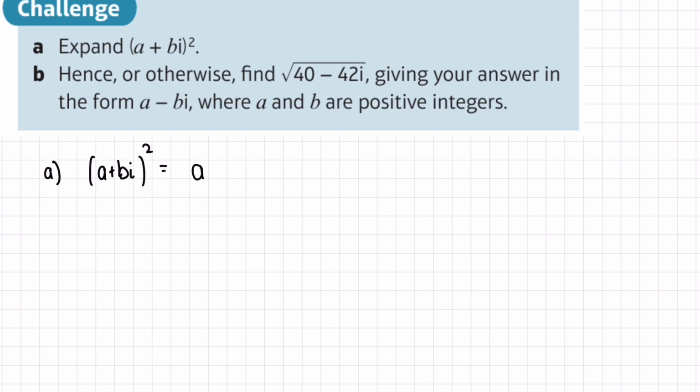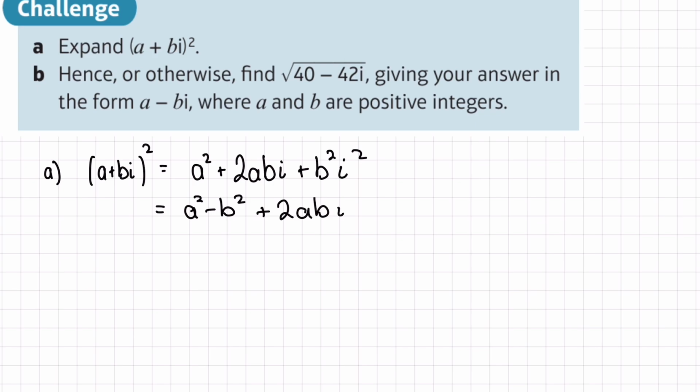We're going to get a squared plus 2abi plus b squared i squared, and I can clean that up. So i squared becomes minus 1, so we're going to get a squared minus b squared plus 2abi.